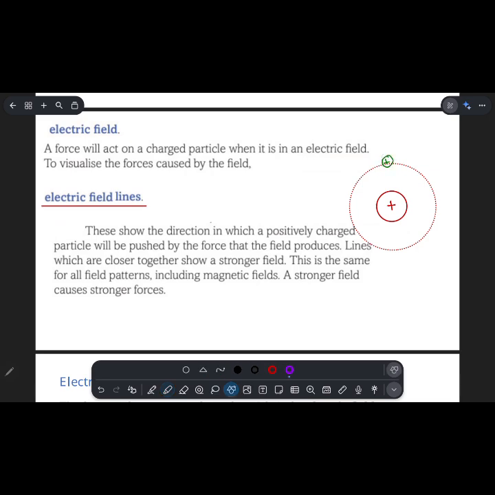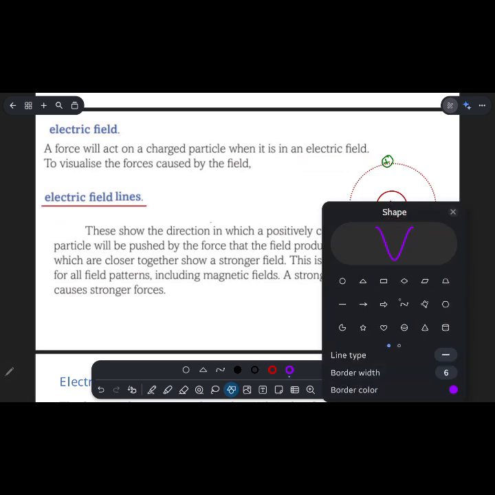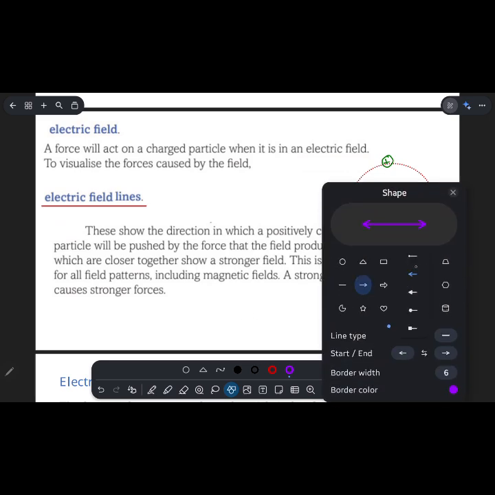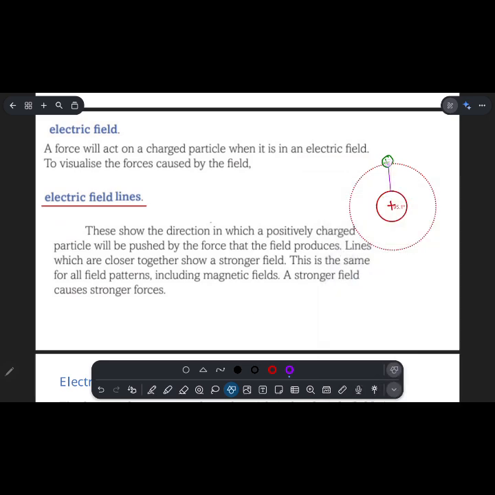So what will happen if I place a positive charge here? It will be repelled. In the same way, if you place the positive charge here, it will be repelled, here it will be repelled, and so on. If I place the positive charge at different positions, it will be repelled by the other positive charge.